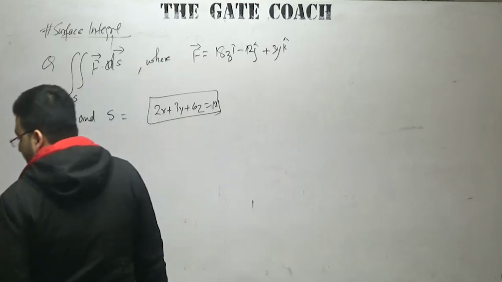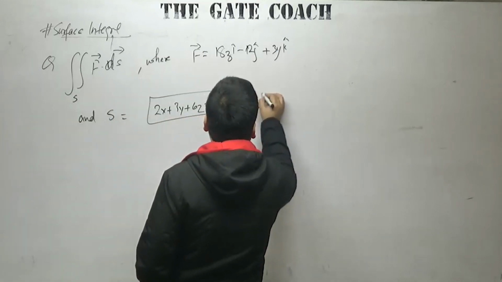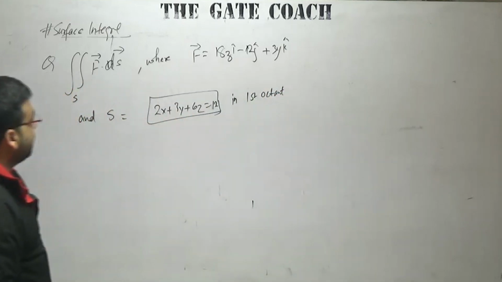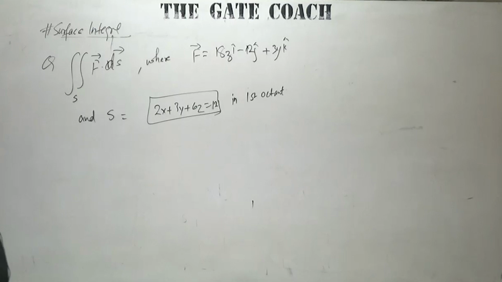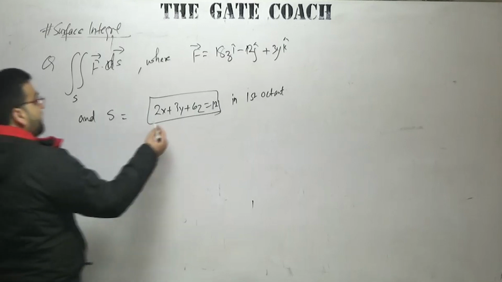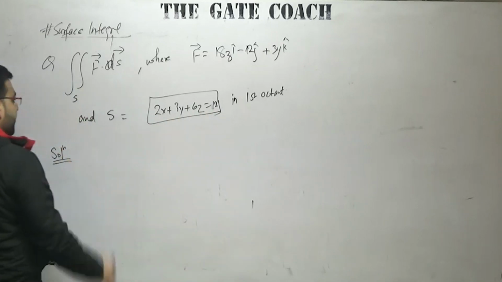And it is written that we have to calculate the surface integral of this in the first octant. Now how to proceed in the first octant? First of all, let me draw this solution.